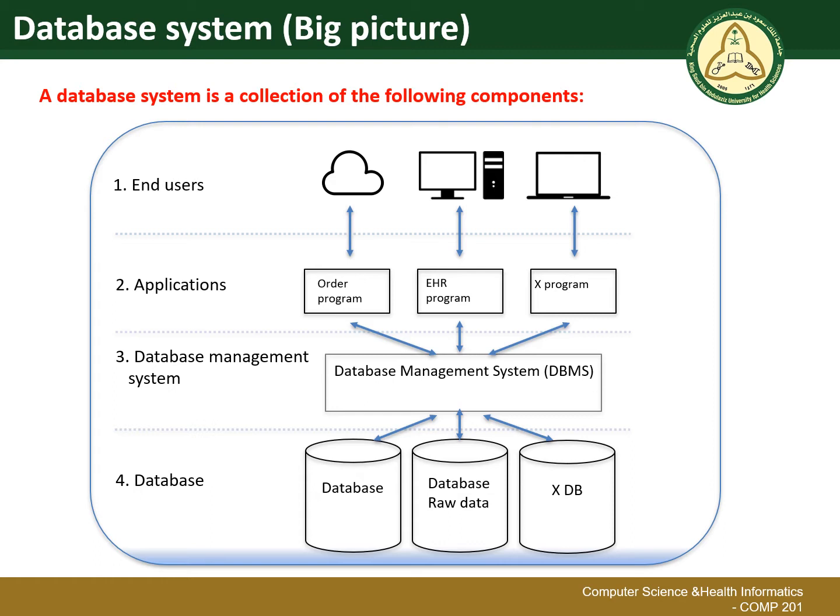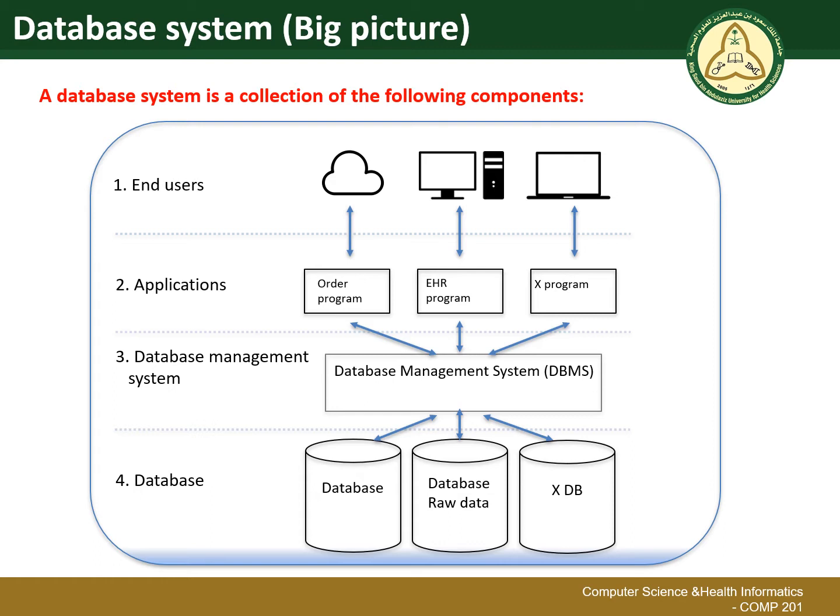A database is a collection of data. If you think about it now, databases are all over the place. For example, banks are collecting data about their customers and every transaction they make and storing it into a database.